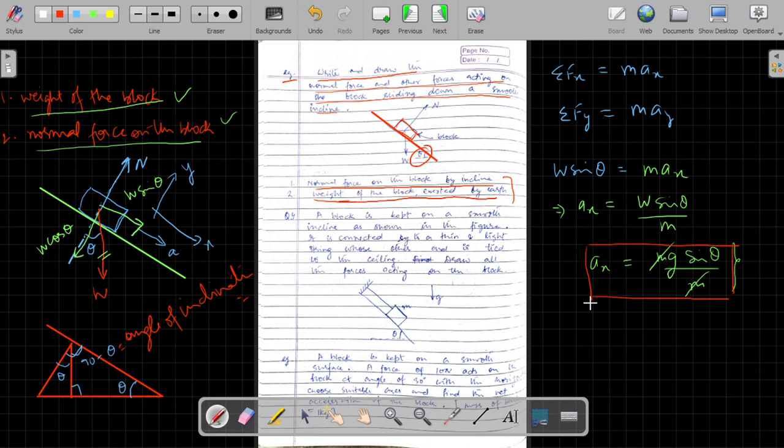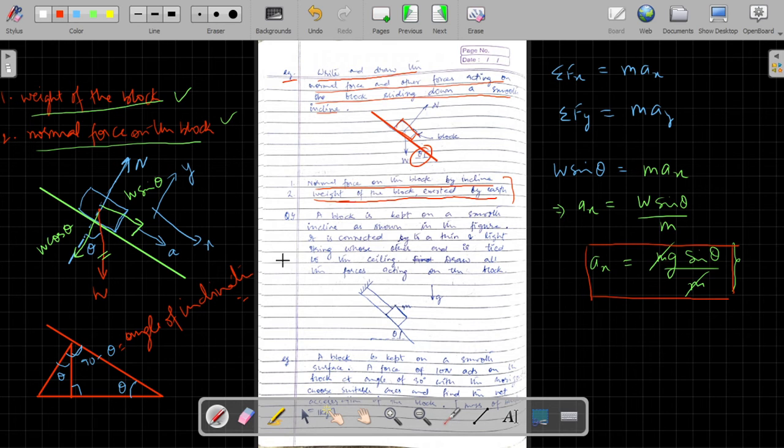So this means that it's not what we naturally think, that the heavier block would reach the bottom of the incline at a slower rate, or the smaller block would reach the bottom at a faster rate. In a smooth incline case, both the blocks will reach in the same time.